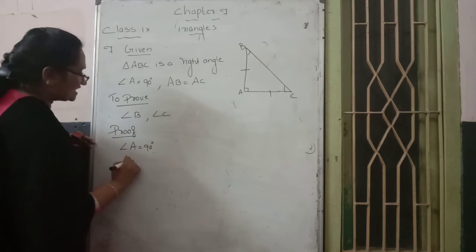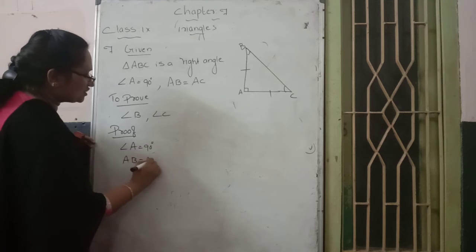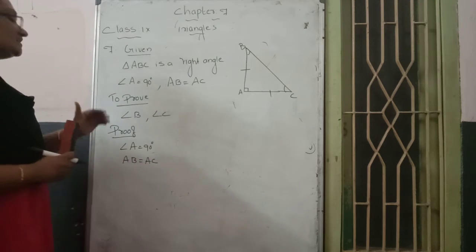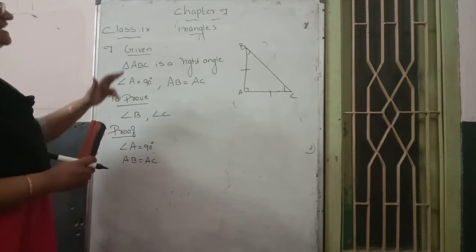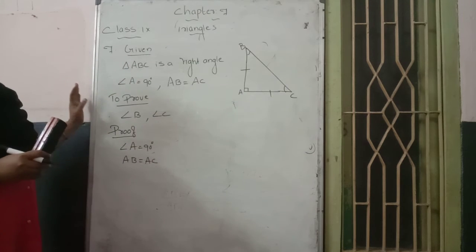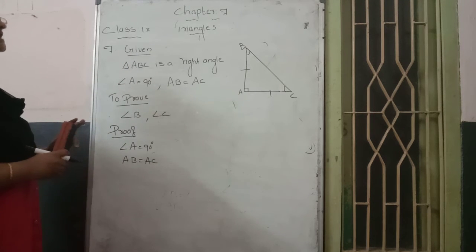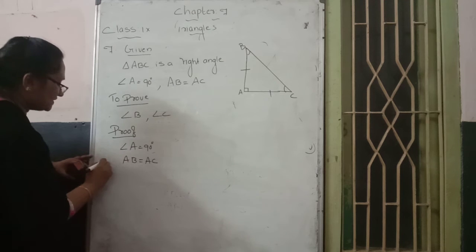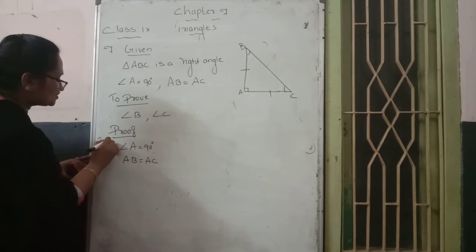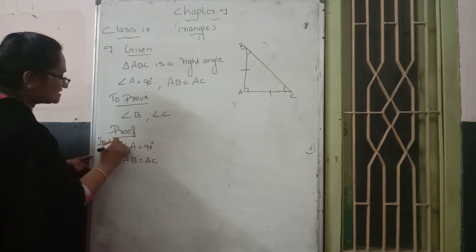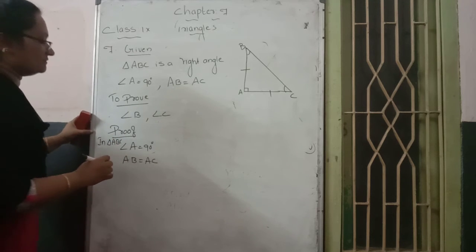Next we can say that AB side is equal to AC side. There we apply the angle sum property in the triangle. Which triangle do we consider? Triangle ABC.